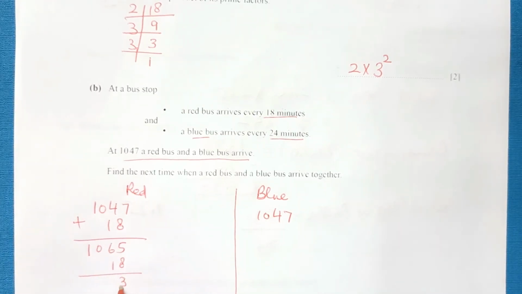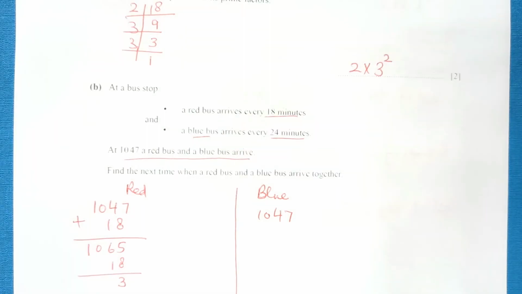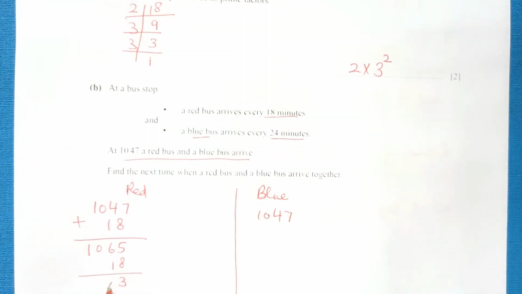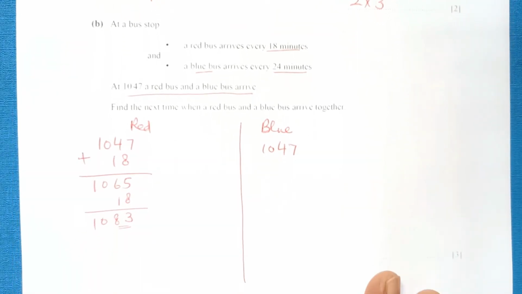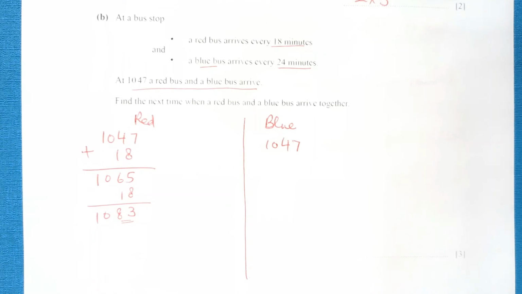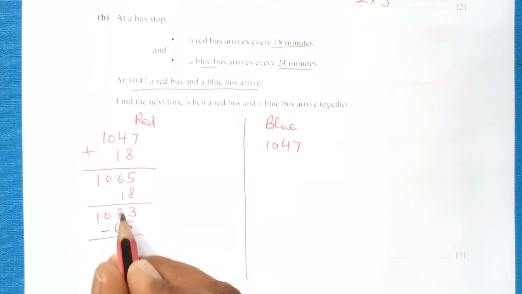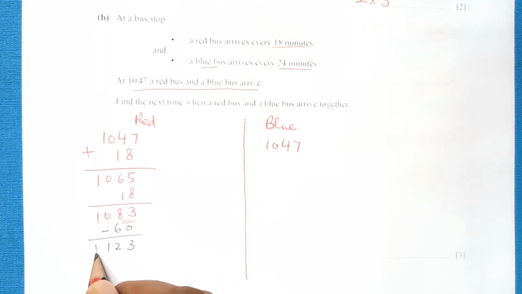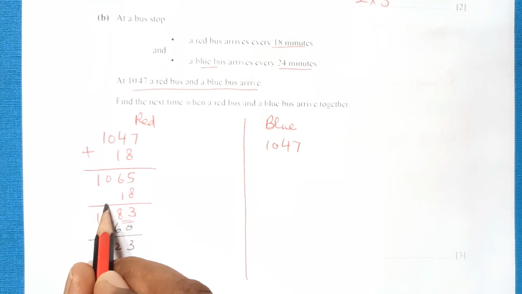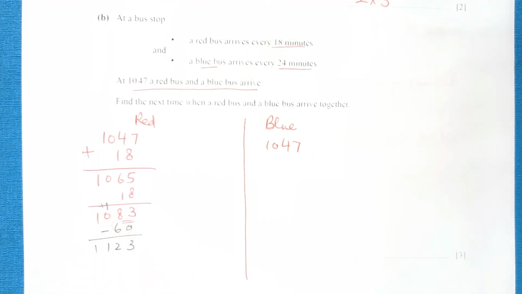So 6 plus 1, 7, 8, it's 10:83. Now we can see this is increasing by 60. So let's subtract 60 from here, because this is going above an hour. So this is 11. This 1 hour will be added to 10, that will make it 11:23.